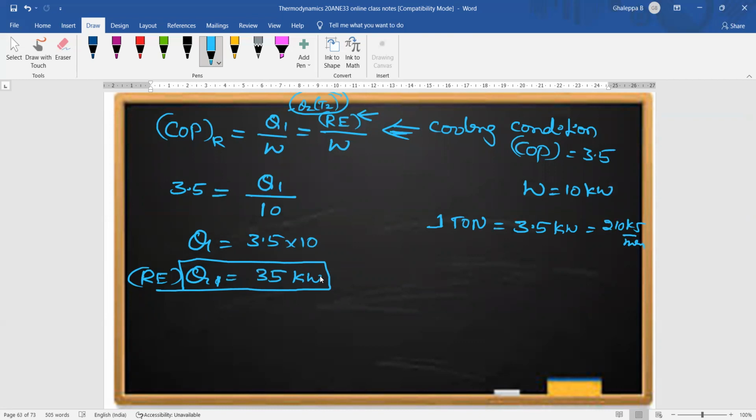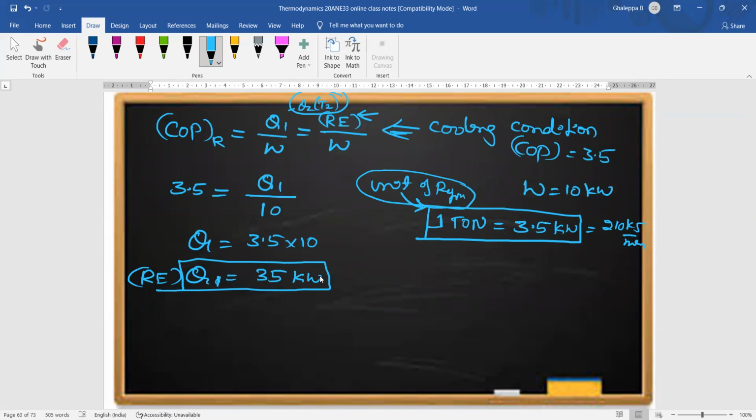If you convert into joule per second, just divide by 60, and you will get 3.5 kilowatt. So 1 ton of refrigeration is 3.5 kilowatt. This is the unit of refrigeration, keep in mind. Refrigerating capacity is always measured in tons of refrigeration.